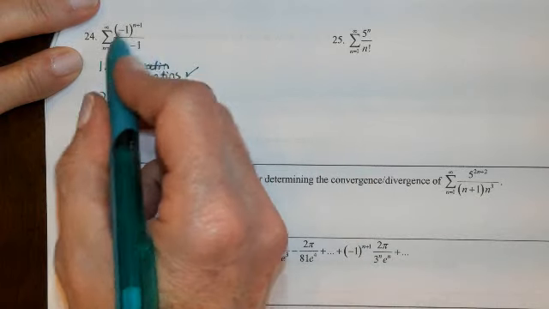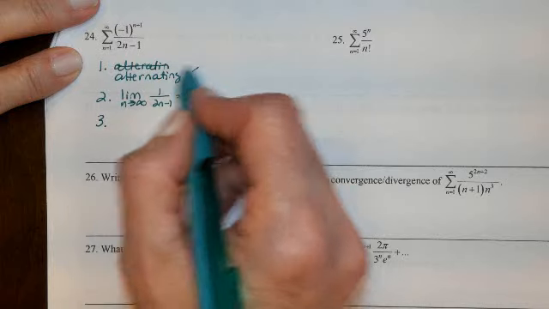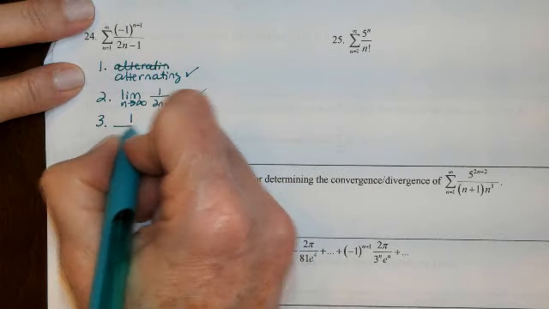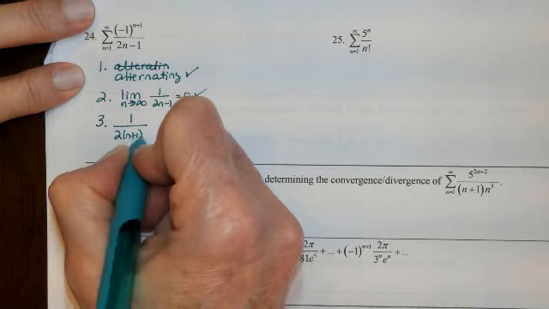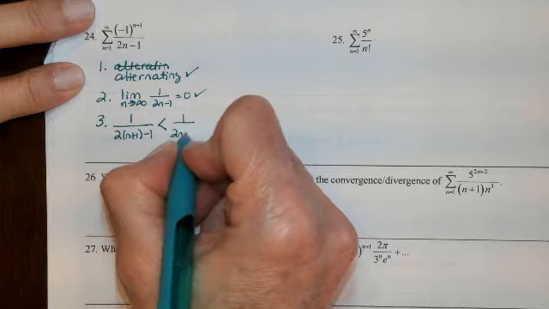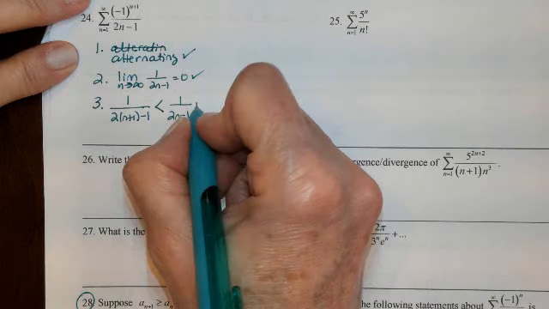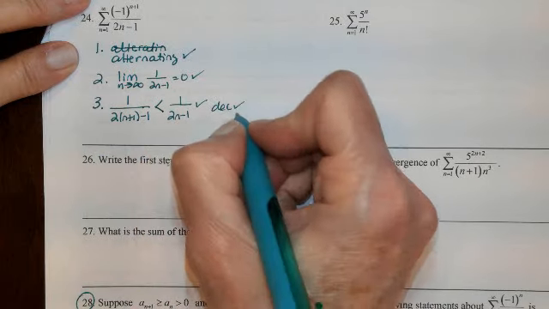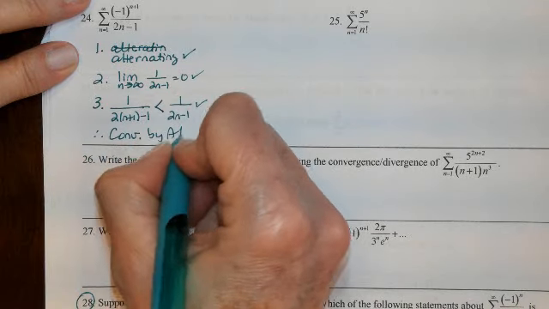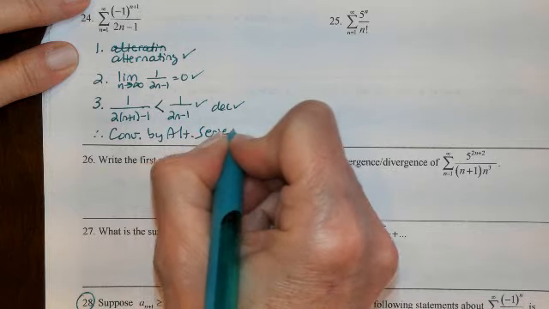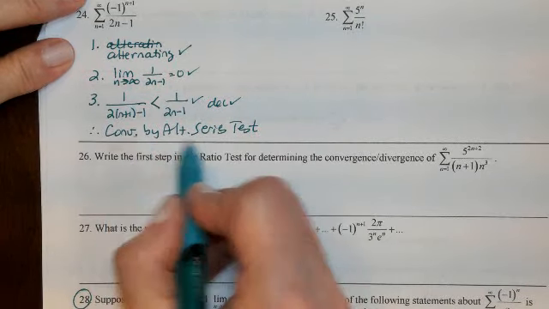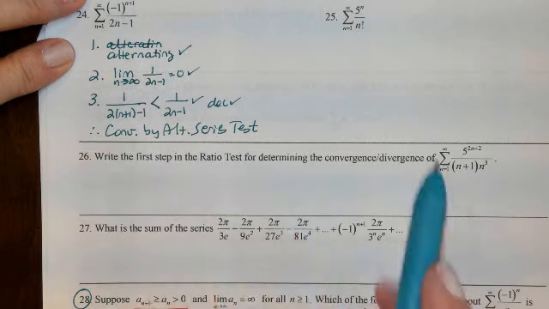Is the magnitude of terms decreasing? It is decreasing. If you wanted to show that, we need the n plus 1 term to be less than the nth term. Is it? Yes, it is. So it's decreasing. Therefore, this series converges by alternating series test. If you're writing an FRQ, you write out your words. Write them all out. Try to spell them right.